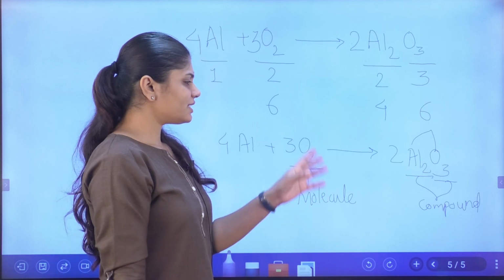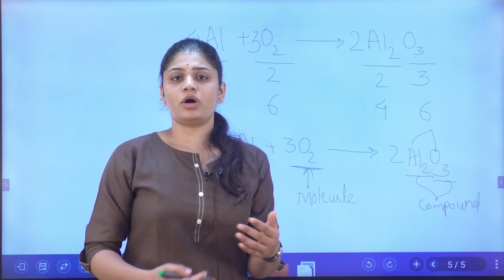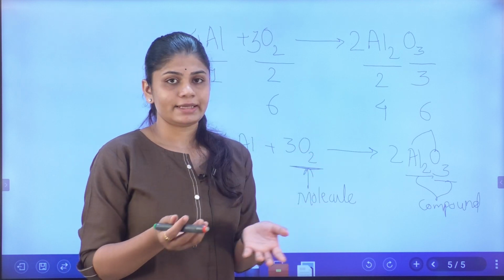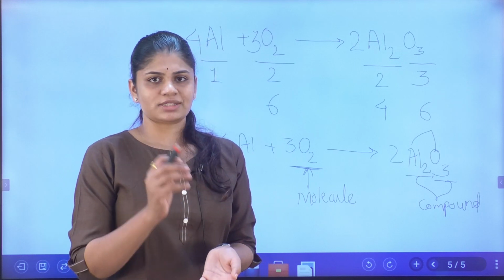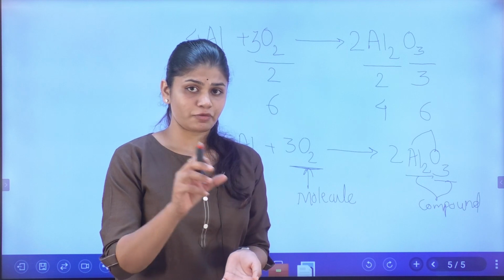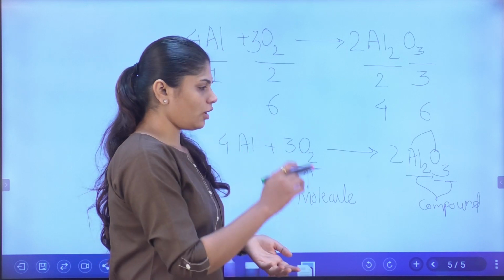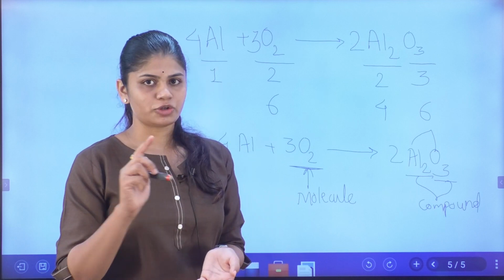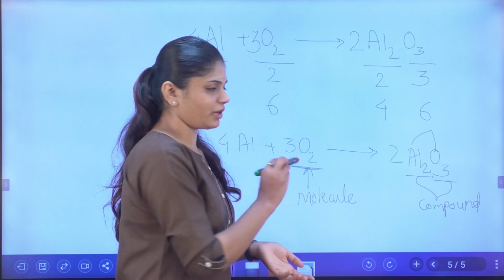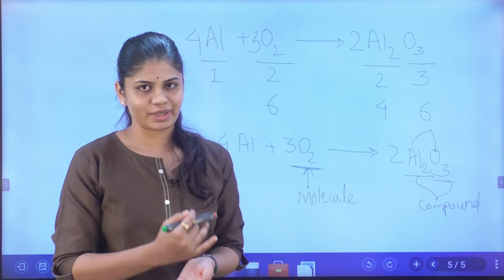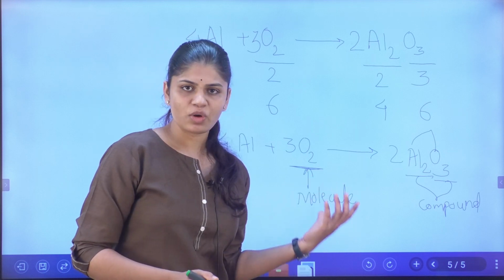O2 is the generally preferred form of oxygen, which we get easily. It is present in the air, so the oxygen present in the air is in the form of O2. That's why we always write O2, not O or O3. So O2 is the preferred way to write, because we get it from the air, and this comes under the category of molecule.